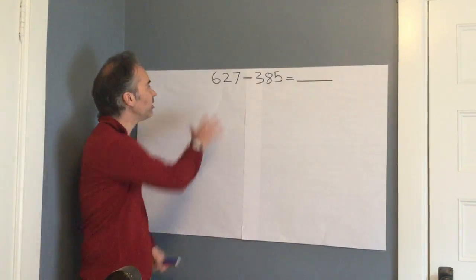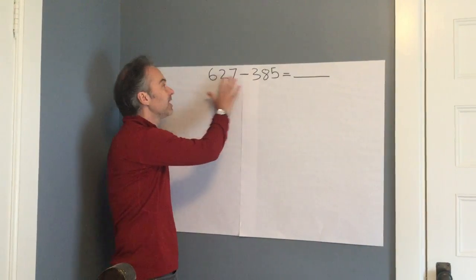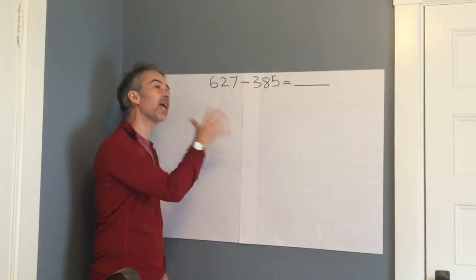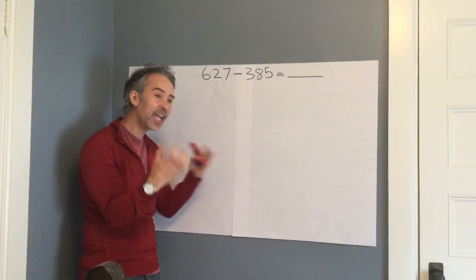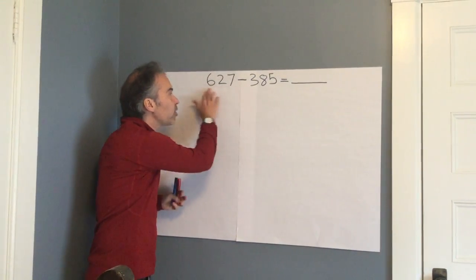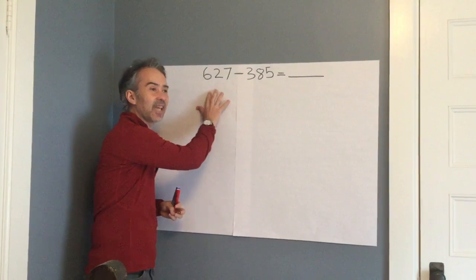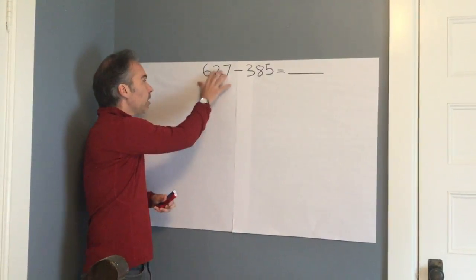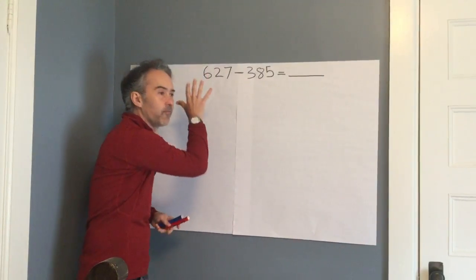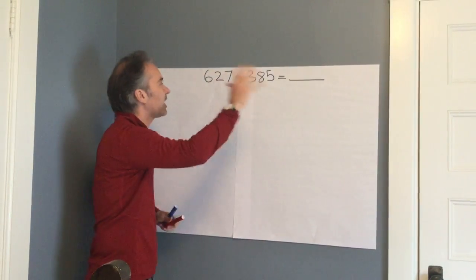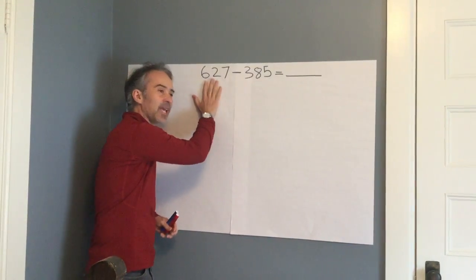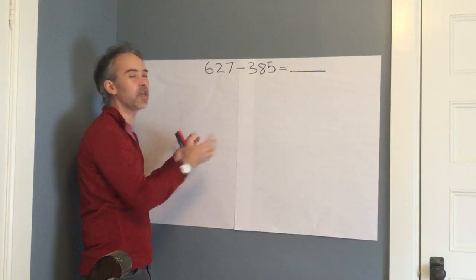Which tells me when I look at 627 take away 385, if I don't like what I see, I can change these numbers as long as the value of the number stays the same. So I can change 627 into 500 and 120 and 7 as long as the number stays the same value. I can do things with them.